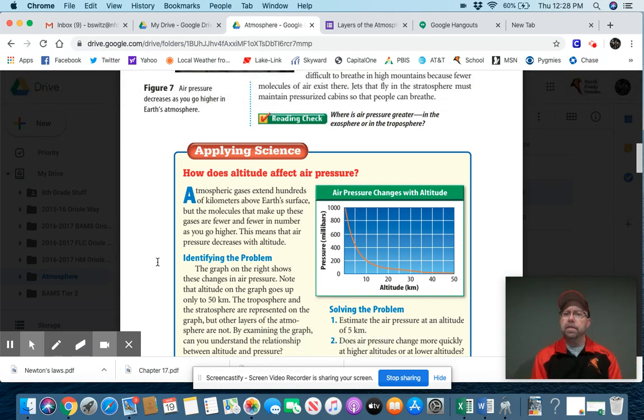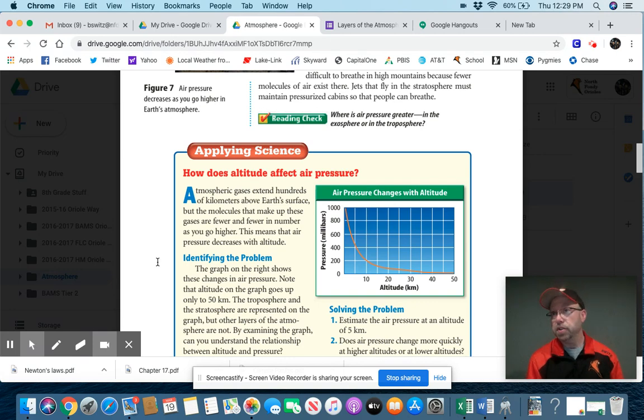This is going to be helpful when we talk about weather in the coming days. Once we get through the atmosphere section, I tell people to think of the pressure at the surface like a scale. There's a scale down here on the surface of the earth, and the higher the pressure, the more air that's being pushed down towards the surface, the higher the number on the scale is going to be.